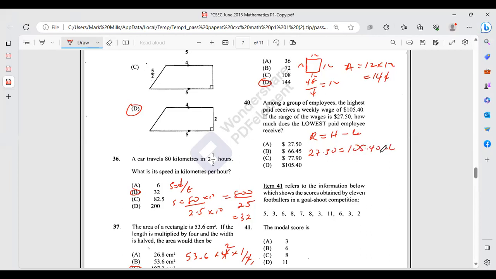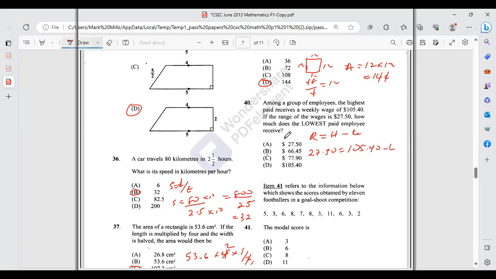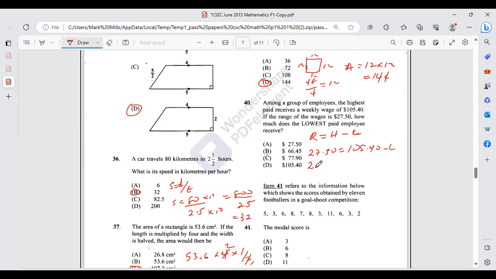Now you want to find the lowest, so that would be 27.50. We can simply subtract, all right? But in terms of mathematics, it would have been 27.50 minus 105.40 is equal to negative L.